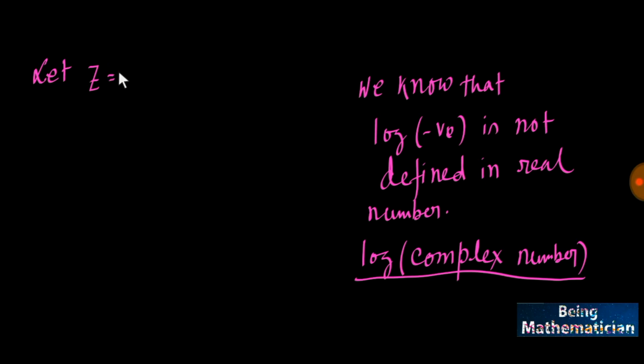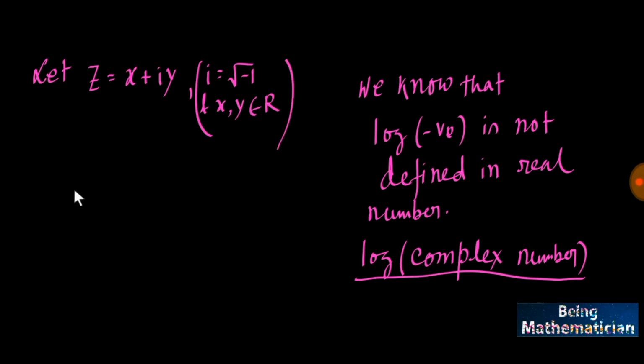Let z equal to x plus iy, where i is root over minus 1 and x and y are real numbers. So let's see this in the complex plane, which is called the Argand plane.